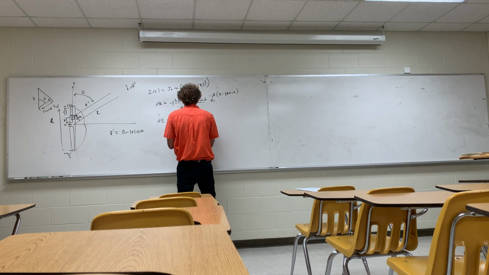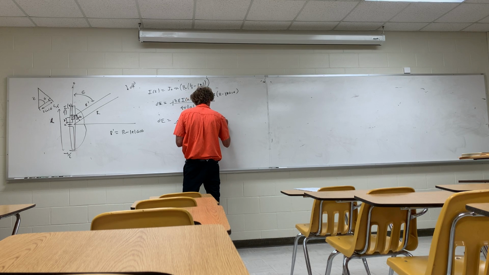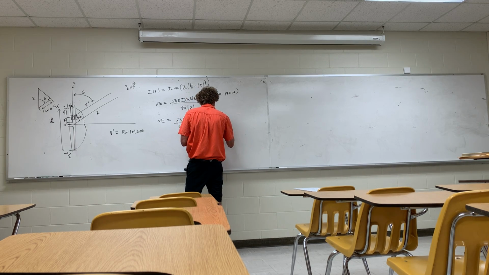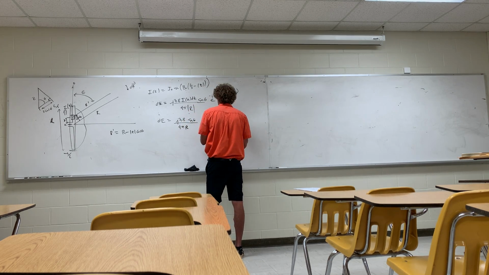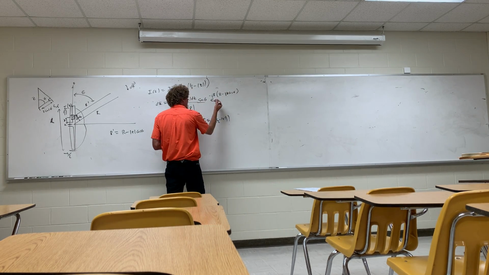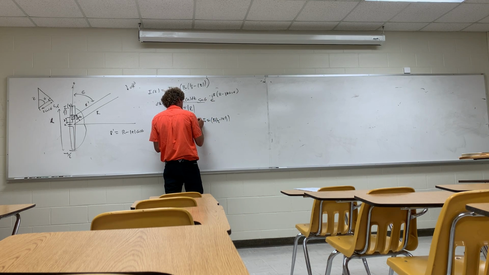Now I have to put in the actual I naught times the sine of beta times L over 2, pardon me, minus magnitude of z. Put that in there, and I take out the e to the minus j beta r in front.